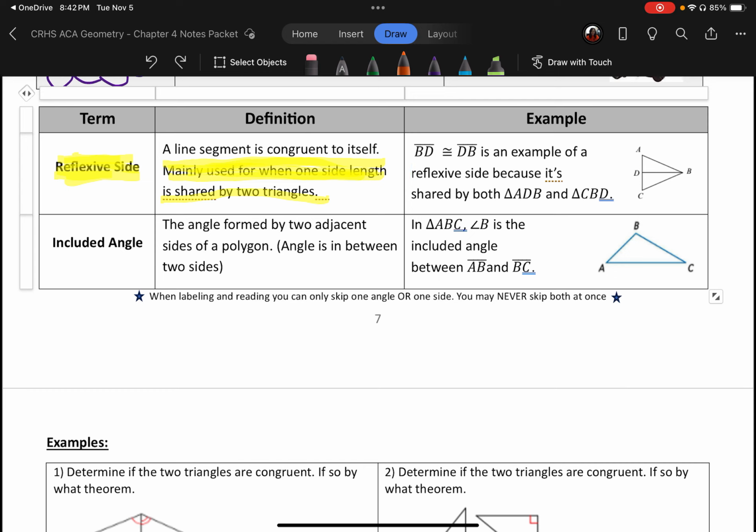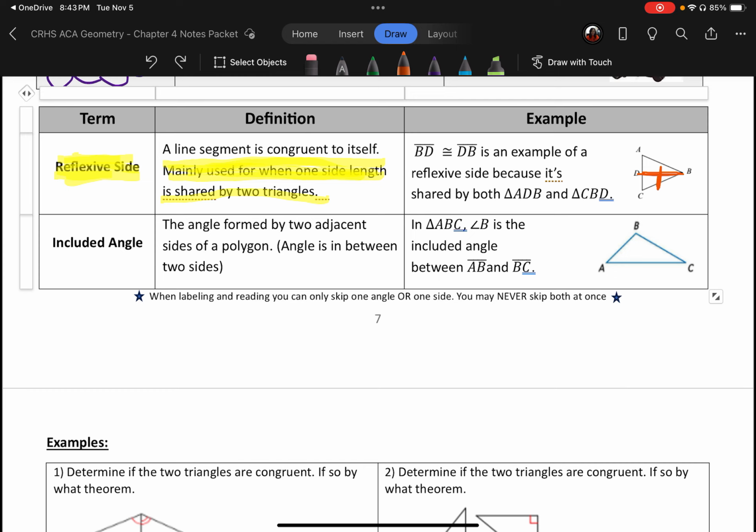Sorry, I'm trying to get this to line up perfectly here, and mine's a little off. So that side length DB is shared by both the top triangle and the bottom triangle. Whenever we have a side length that is shared between two triangles, we say that that side must be congruent to itself. And the reason for that is that it is a reflexive side.